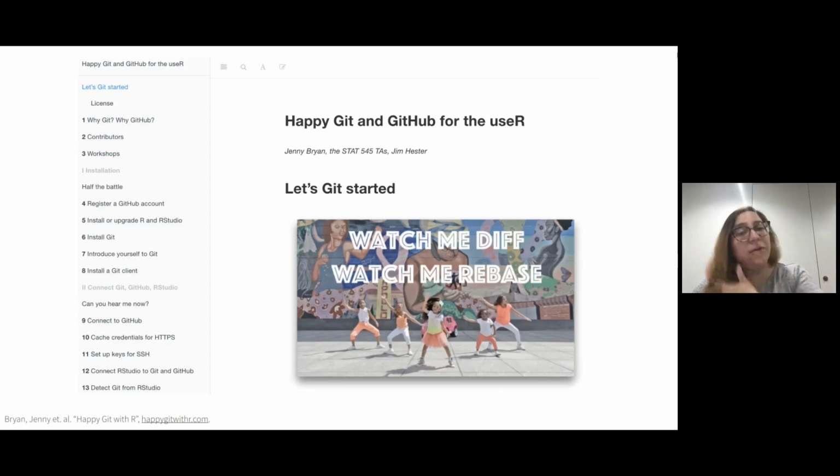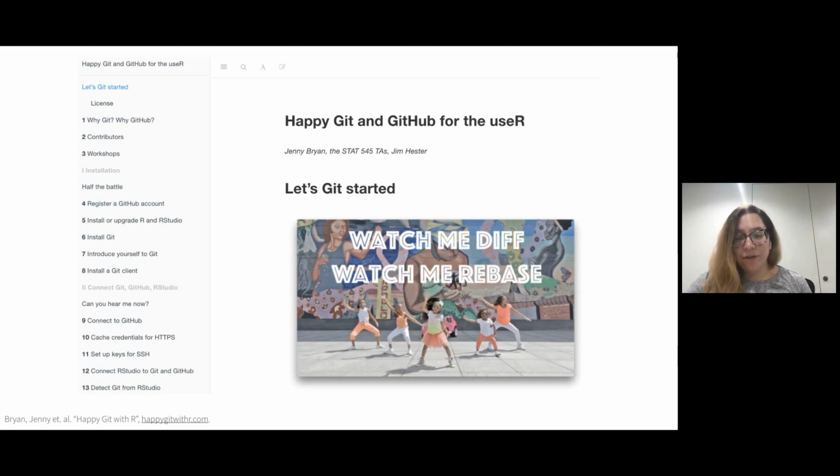I'm not going to go into the details of how to set up version control, but I do want to point your attention to an incredibly valuable resource called Happy Git and GitHub for the useR. This is from Jenny Bryan and a few others who have contributed to it at happygitwithr.com, and it's basically a resource for R users to be using Git.